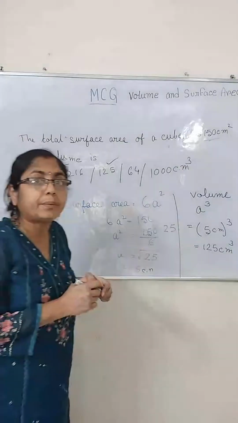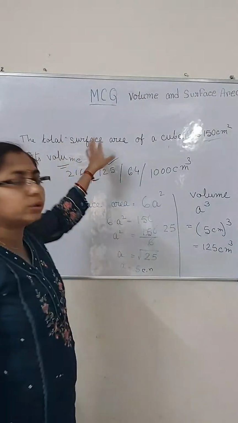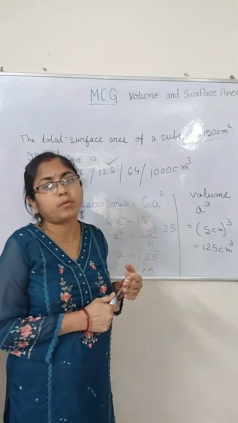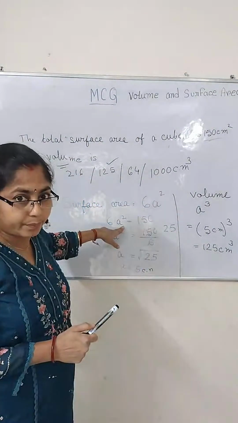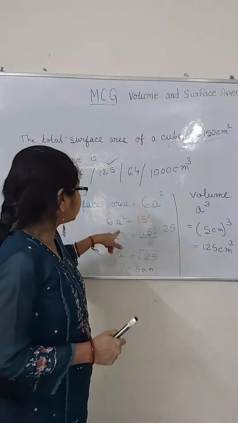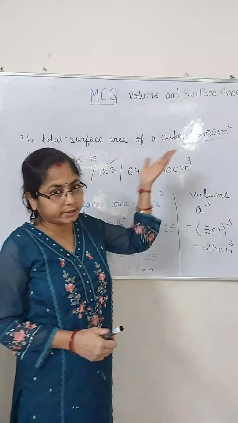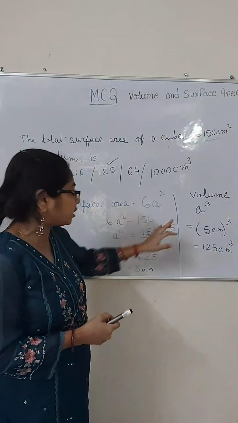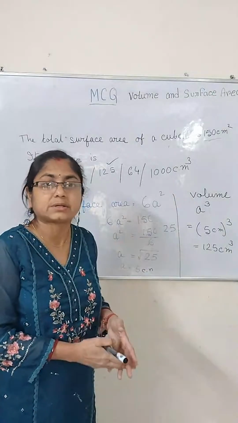One more time I repeat the maths. Here you know the surface area. What is the formula of surface area? Surface area's formula is 6a square. Here we applied two formulas, so I used two colors. 6a square is 150, so according to the question you find out the a value. A square means 25, so a is root over 25, it is 5.